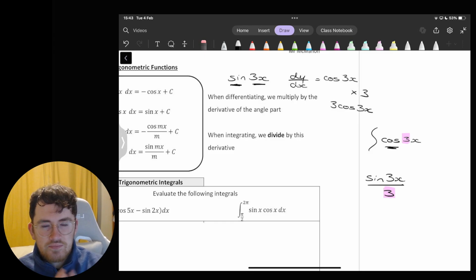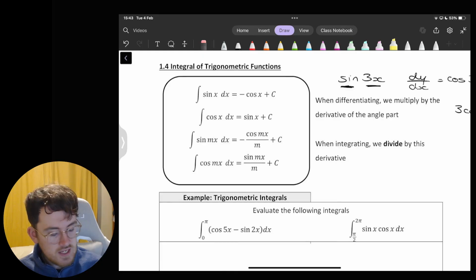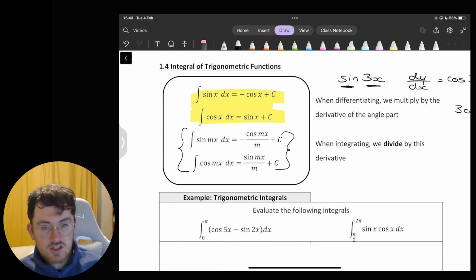So I suppose that's the thing to watch out for here, because looking at the formula you're presented with, this is mainly what you're going to have, and you need to watch out for types such as the second two rows here, where we have maybe a number in front of the angle. Bearing in mind, sine integrates to minus cos because we know cos differentiates to minus sine, so that connection between the two, and then cos integrates to sine.